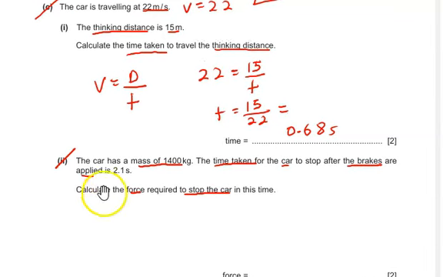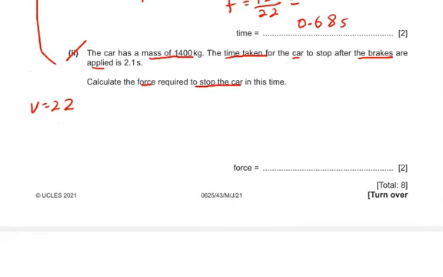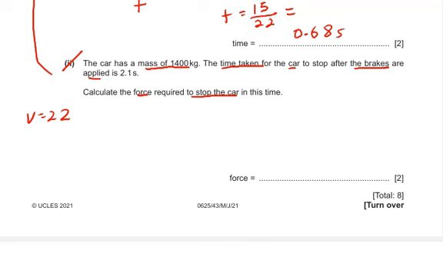This is a sub question, so you can always refer to the main one, where the speed is 22. We can use the formula of impulse force, so we can factorize the mass.